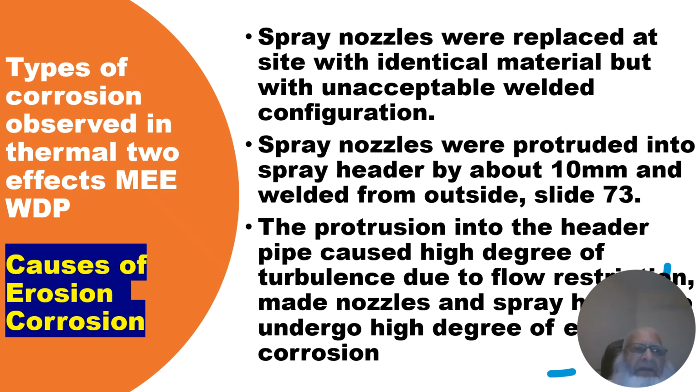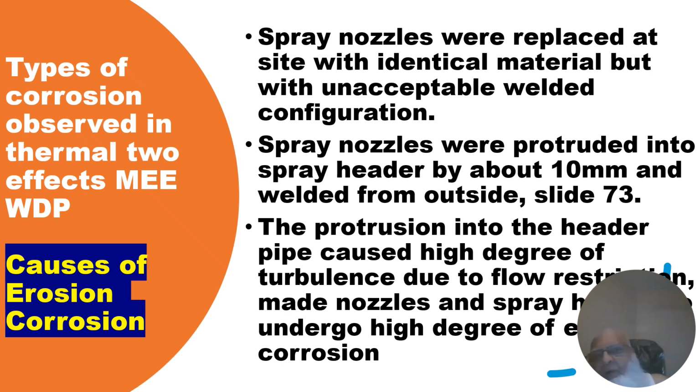This slide is a continuation of the causes of erosion corrosion as observed in the MEE water desalination plant. Spray nozzles were replaced at site with identical material but with an unacceptable welded configuration.